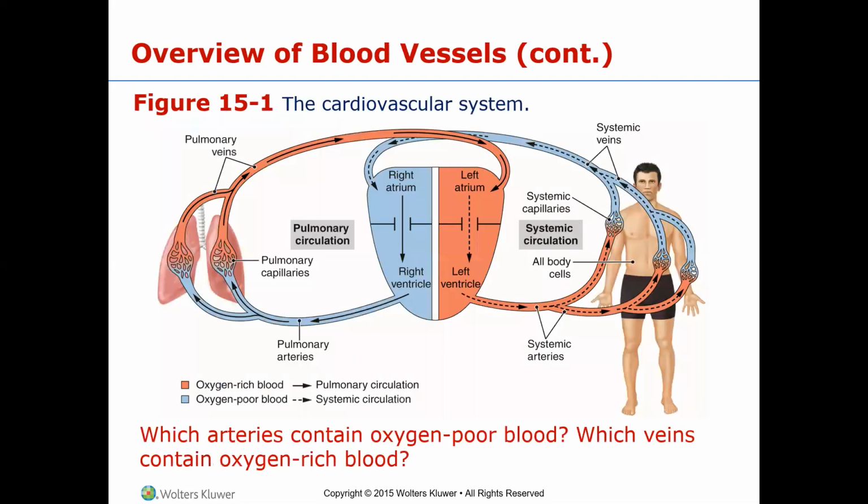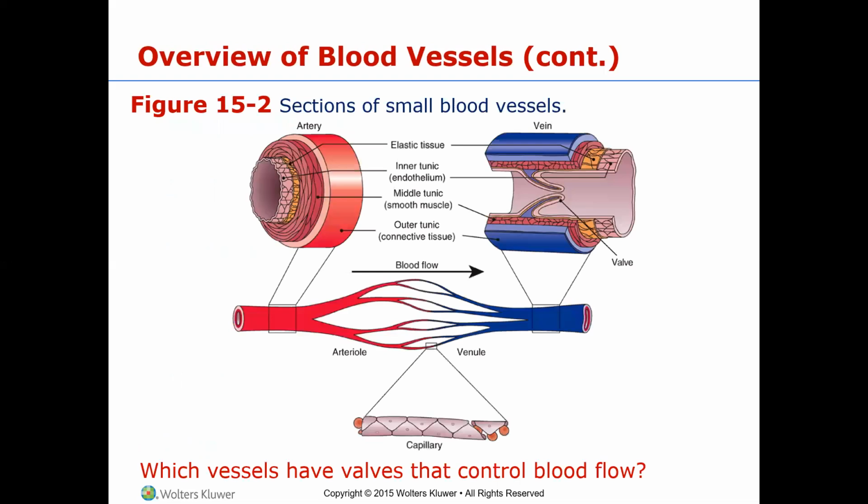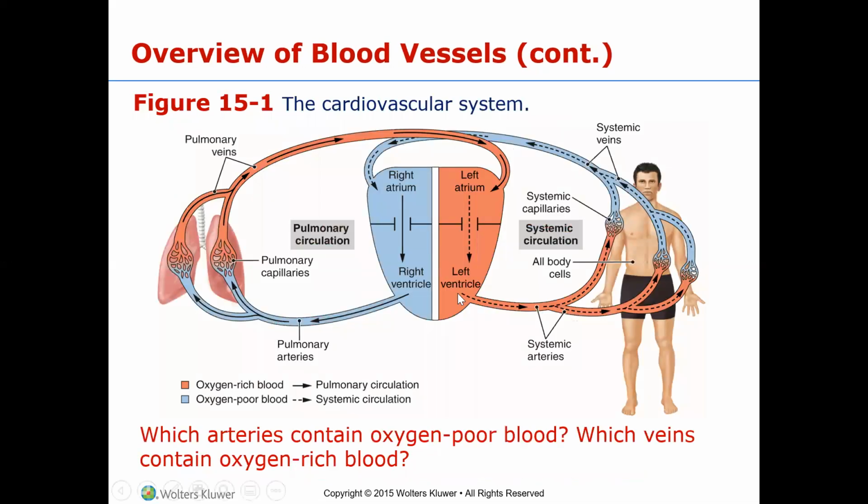Okay, so if we look at the cardiovascular system, we notice that the blue is unoxygenated blood, and that is being returned from the body through the systemic veins to the right atrium.